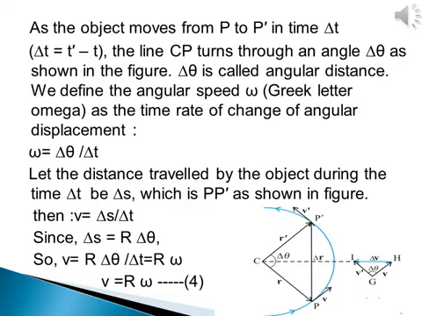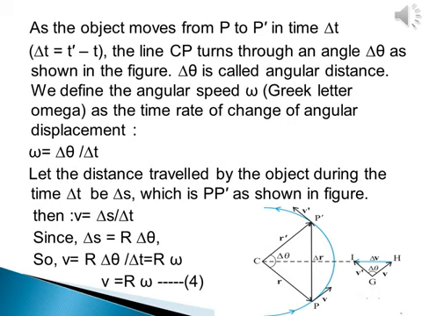So, ω can be mathematically written as ω = Δθ/Δt. Let the distance traveled by the object during the time Δt be Δs, which is PP dash as shown in the given figure. Then the magnitude of Δs will be equal to the length of the arc PP dash, which is clear from the diagram given below.